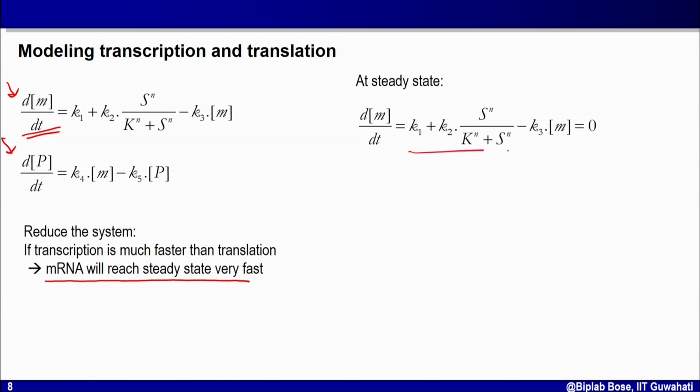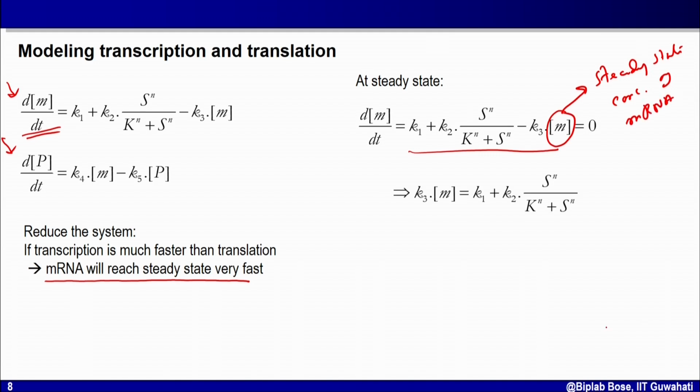That means this whole relation, K1 plus K2 into the Hill function minus K3 into M, is equal to 0. So this M is the steady state concentration of my mRNA.